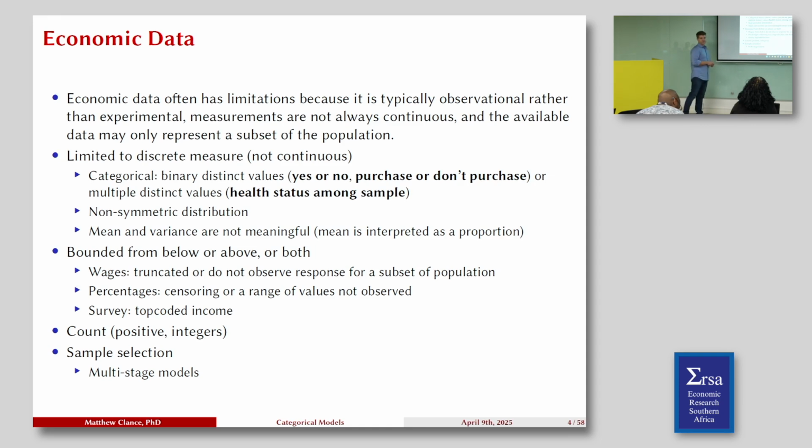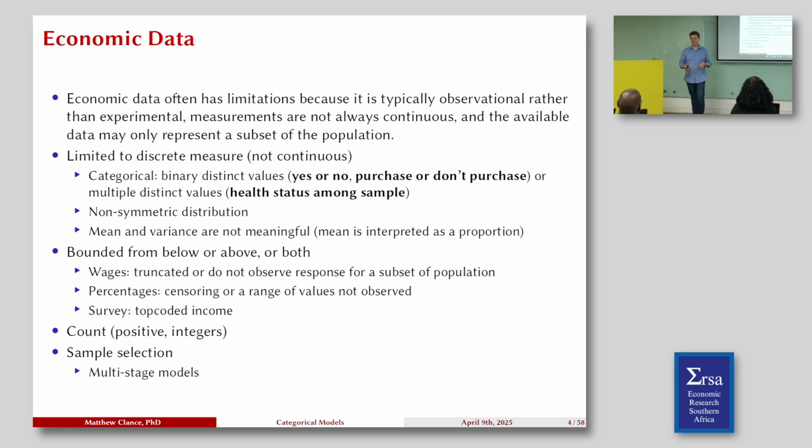And they're also non-symmetric distributions. Usually with OLS, we like normality. So that's why we like to push a lot of things to try to make it look normal, and then think about mean or variance. You have a yes, no type question. We have the mean value of the outcome, but what is that really telling us? 60% of the population said yes versus no. It can be telling, but at the same time, it doesn't have the same direct meaning that we used to with a continuous outcome.